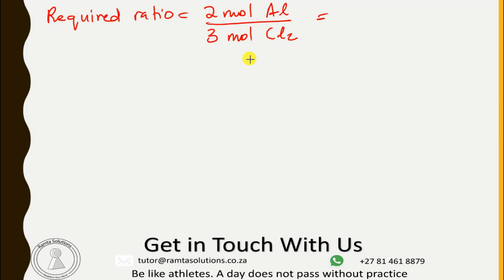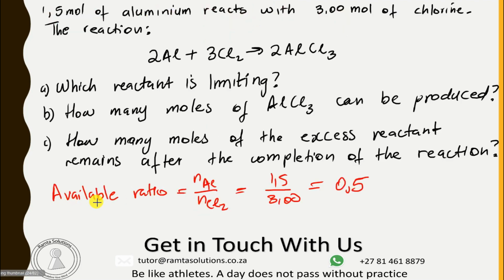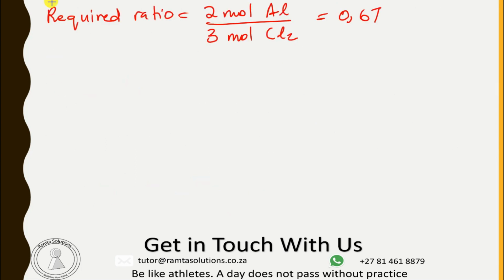Now what is 2 over 3? 2 over 3 is 0.67. Okay? The required ratio is 0.67, and the available ratio is 0.5. Now, remember the mnemonic that I told you about in the first video.